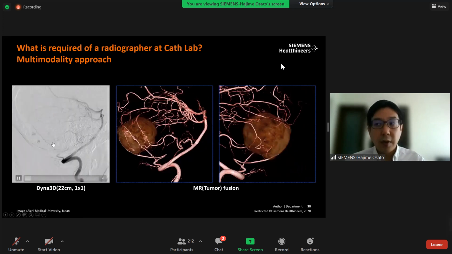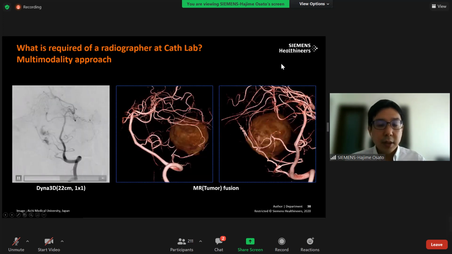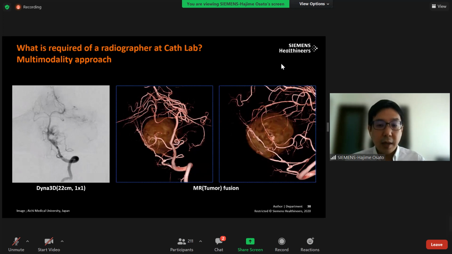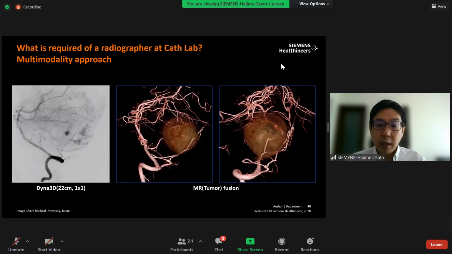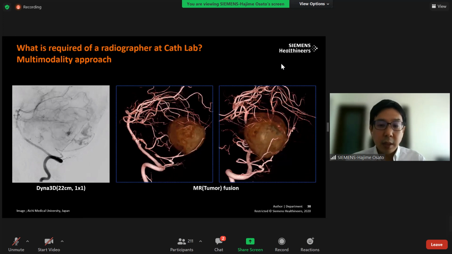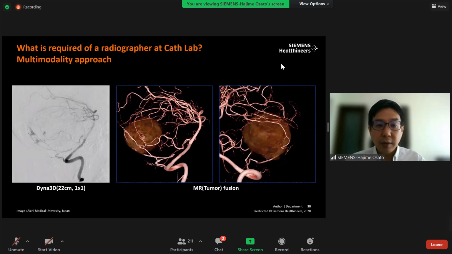Okay, we can find fine vessels on the angio image. On the other hand, the MRI image has enough soft tissue information, like on your right image. We can see the tumor figure clearly in brown color.